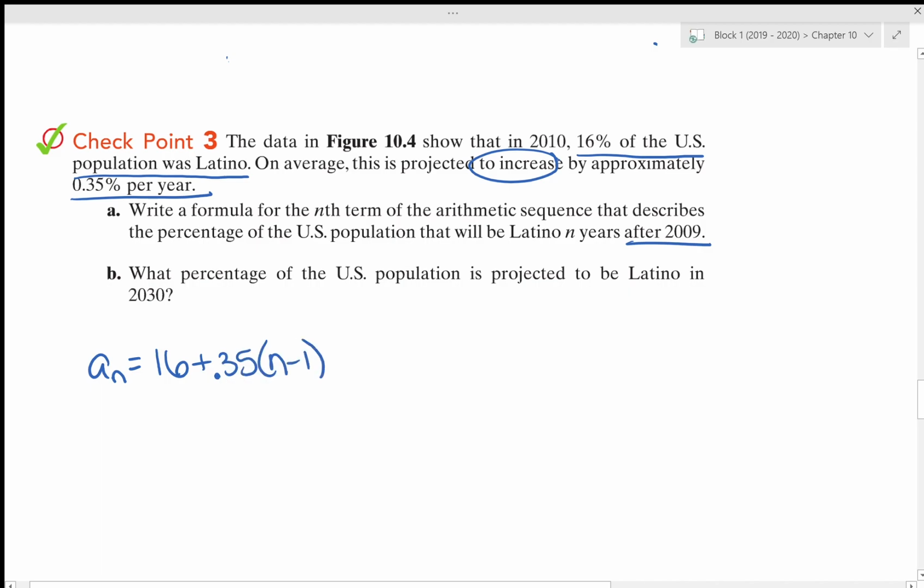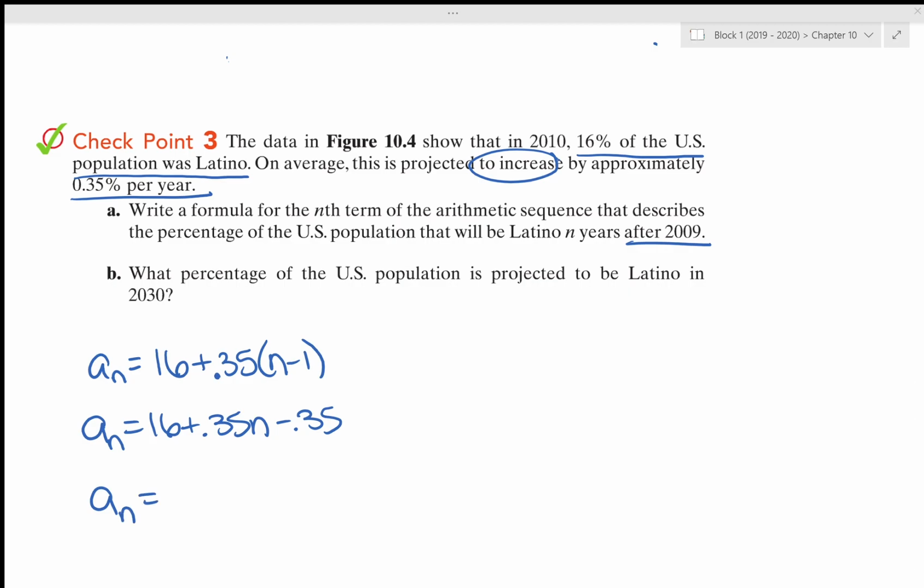Okay, remember the 0.35 can go in front or behind. So when I simplify this, 16 plus 0.35 n minus 0.35, I'm going to get 0.35 n plus 15.65. That'll be my nth term.